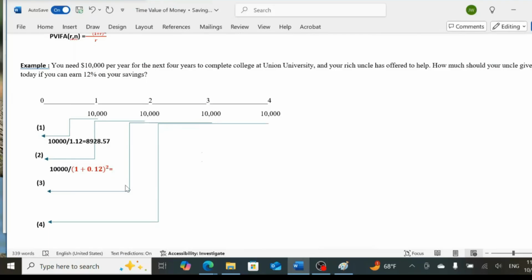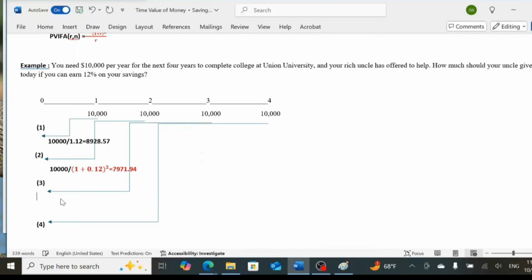So the present value of the second $10,000 is about 7971.94. You may get a slightly different number. It's okay, it's because of a rounding error.